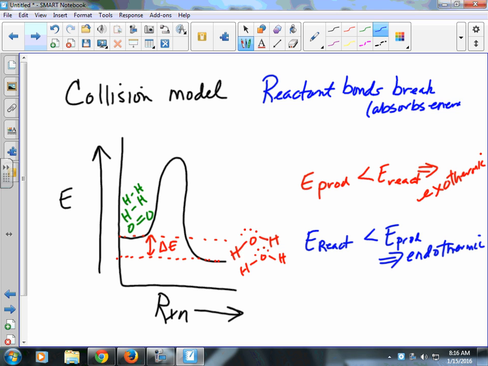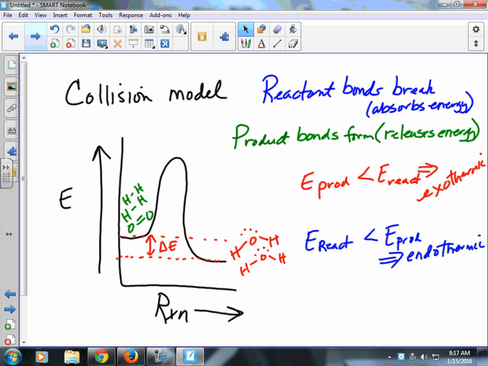And then product bonds form, and that releases energy. So this represents the net result. Once you combine and get the overall result, you have either endo or exo.